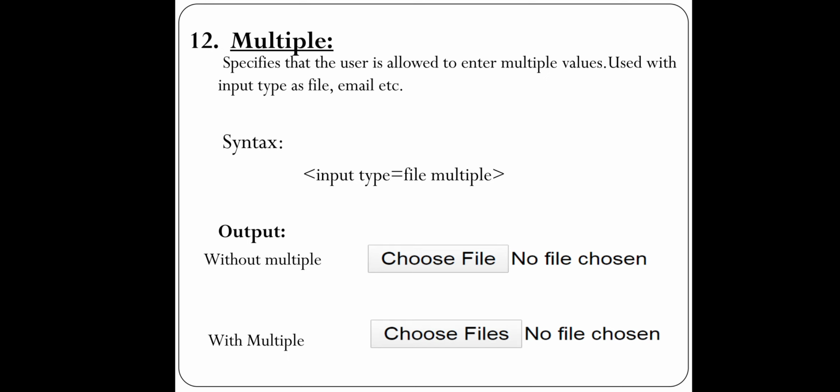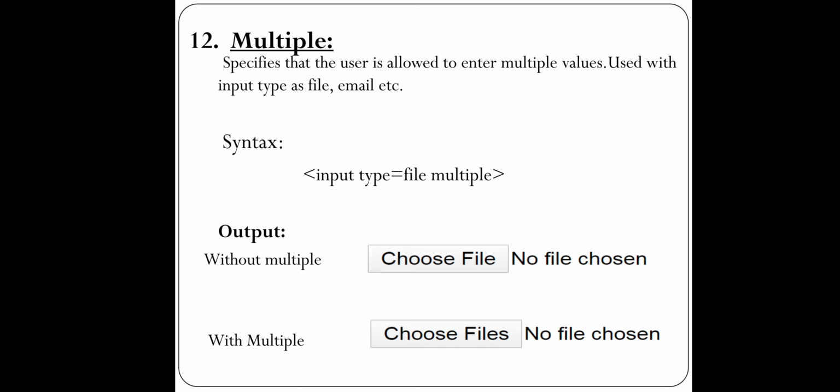Next, I can also use multiple with files. If I am using it with the file type control, it allows me to make multiple selections of files when uploading. So in the output you can see I am using input type equal to file. The first one, without the multiple attribute, gives "Choose file".